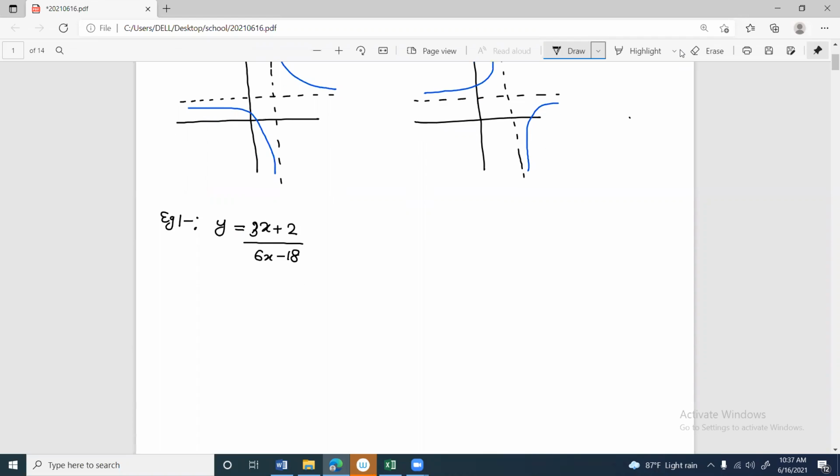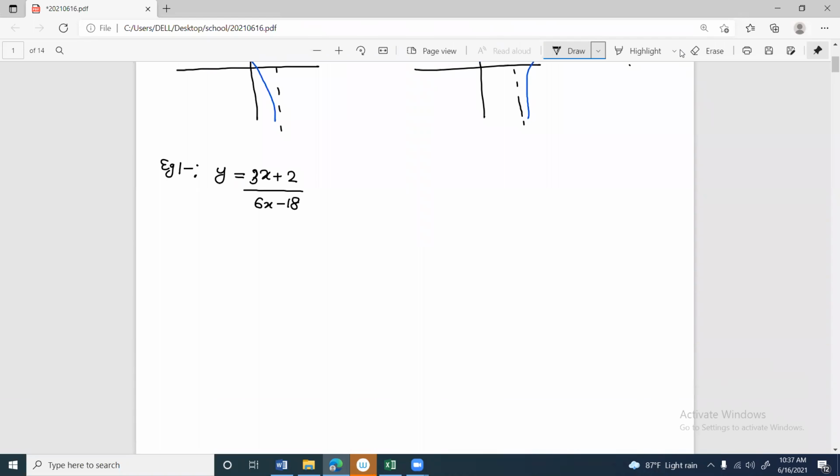Initially, when you're working this out, we need to find the vertical axis of asymptote. When you're dealing with the vertical axis of asymptote, simply make the denominator equal to 0 and obtain the vertical asymptote.